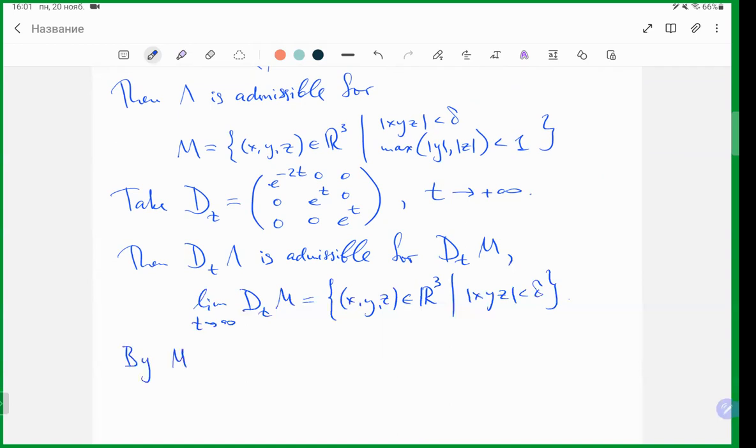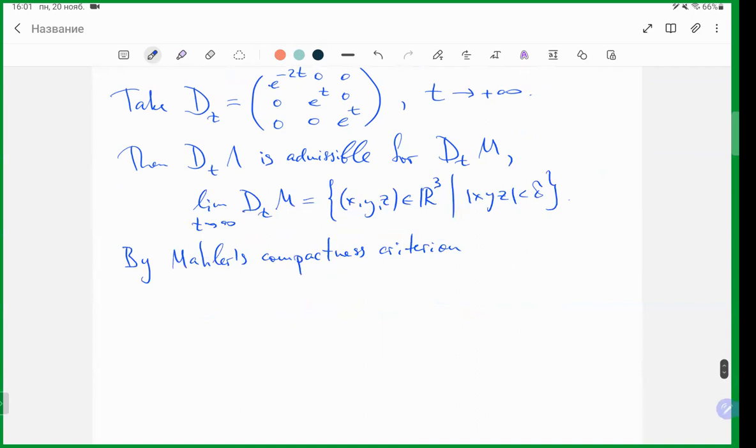But by Mahler's compactness criterion, if we consider this trajectory of lambda, then it will have a limit point.